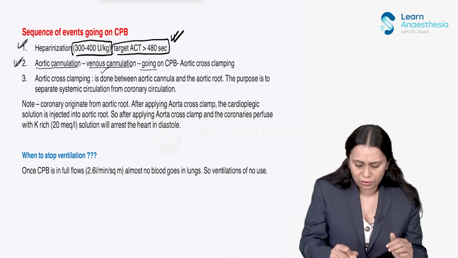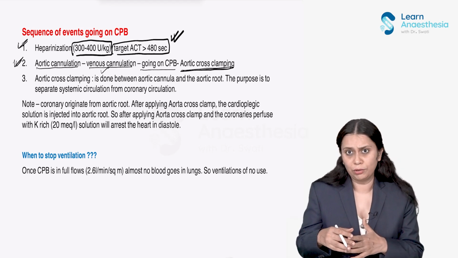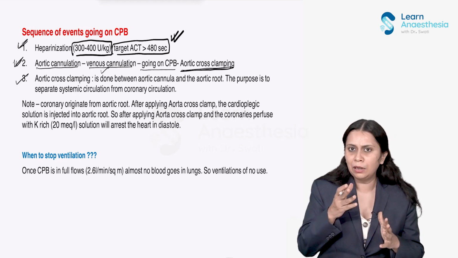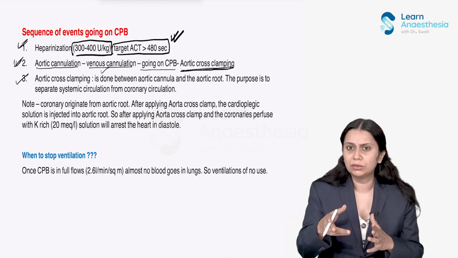Then the patient goes on CPB, and aortic cross clamping is done to separate the systemic and the coronary circulation. Aortic cross clamping is done between the aortic cannula which we have put and the aortic root. Why?